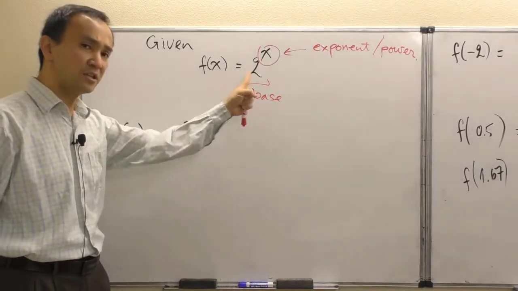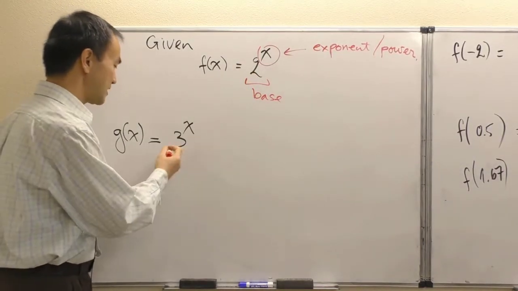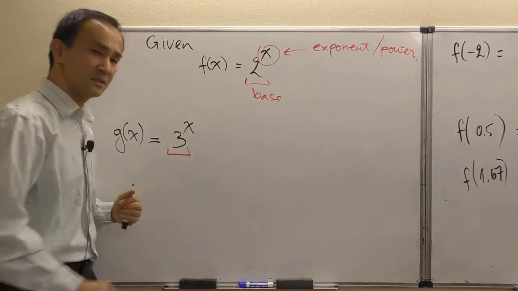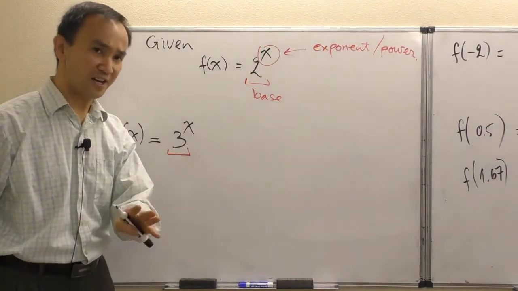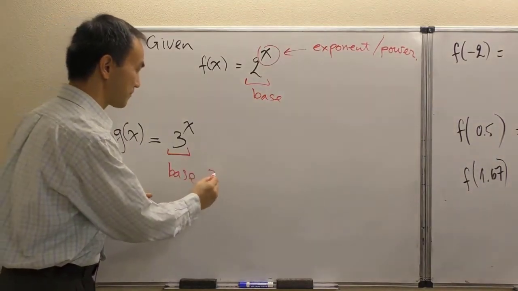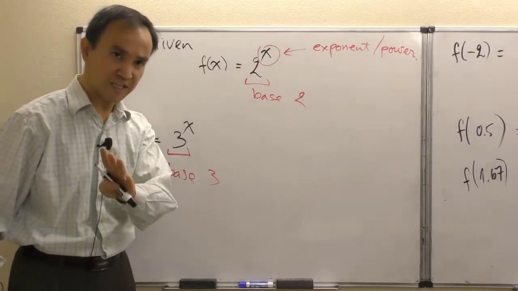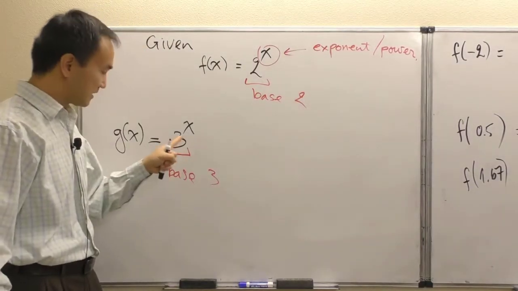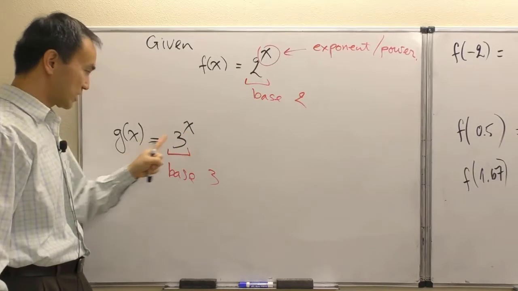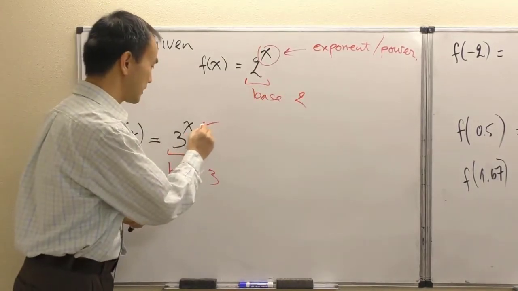It's similar to this function in the sense that once the function is defined, the base is fixed. This is base 3. Earlier this one was base 2, but the base, once given, stays fixed. The element that's changing is the input, playing the role of the exponent. So the exponent is here.